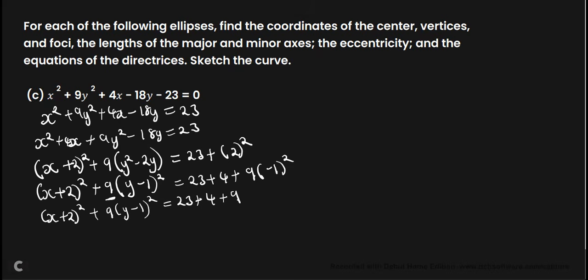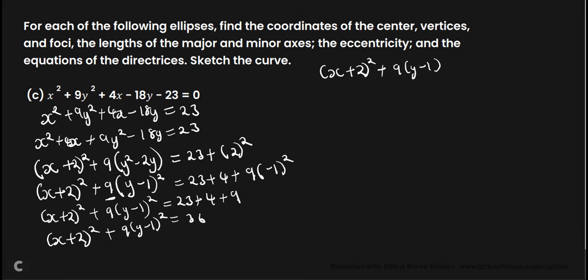Now from there you have x plus 2 squared and plus 9 there, that is y minus 1 square, that is 36. Then after having that 36, you have x plus 2 squared plus 9 minus 1 squared equal to 36, right?